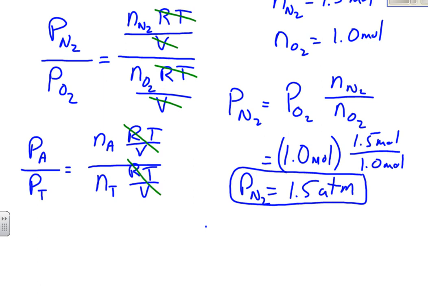And we get a new relationship that tells us that the pressure of any gas in a mixture is equal to the number of moles of that gas divided by the total number of moles times the total pressure.